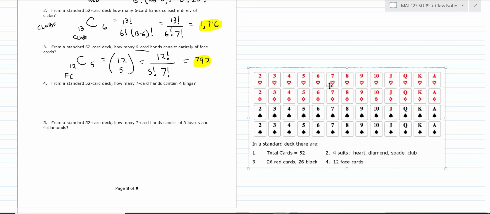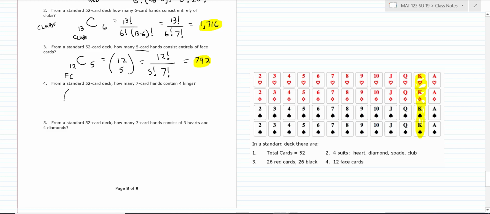Okay, so this next one says, from a 52 card deck, how many 7 card hands contain 4 kings? Okay, now this one gets a little bit harder. First of all, how many kings are in a deck? There's 4 kings in a deck. This one's going to be a little bit trickier for most students to do.